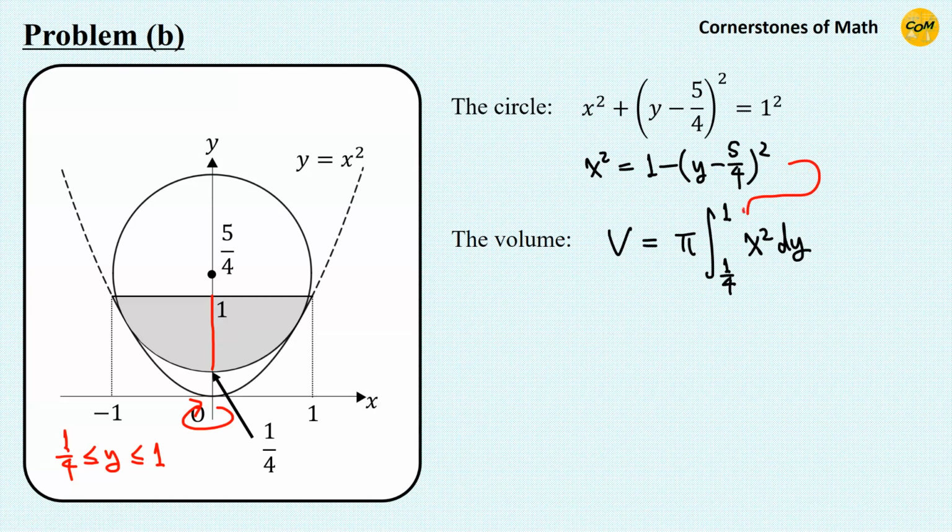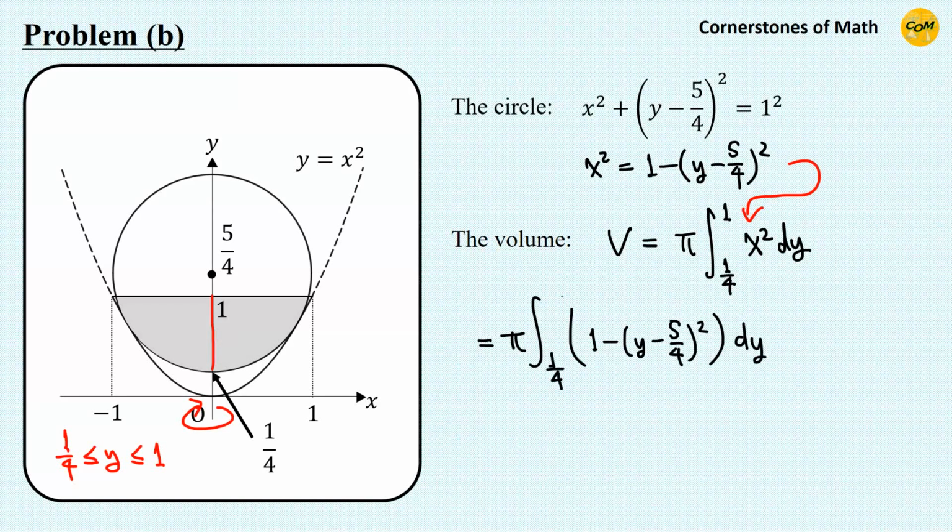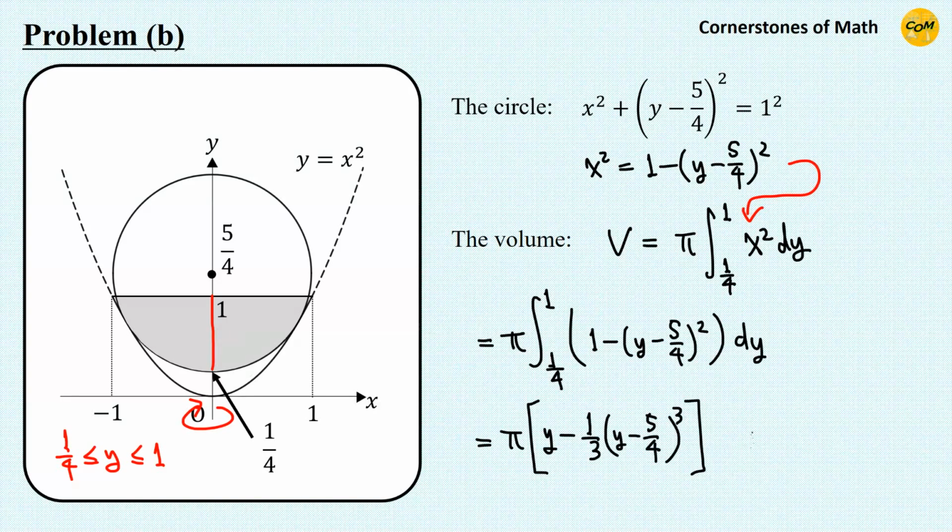So using this, the volume is π times the integral of 1 - (y - 5/4)² dy from 1/4 to 1. And if we integrate, we have y - 1/3 (y - 5/4)³, which gives the answer 27/64 π.